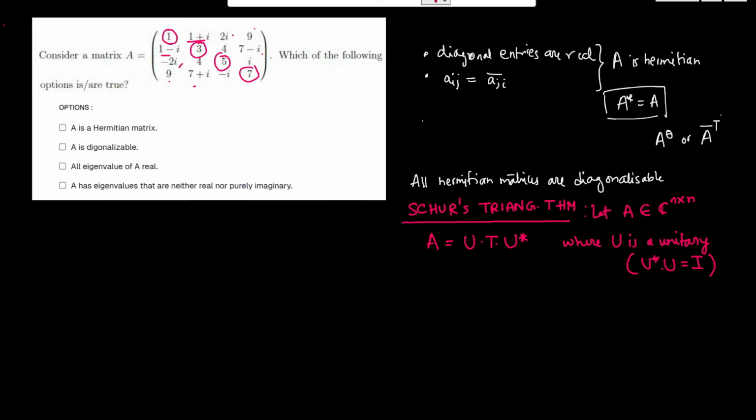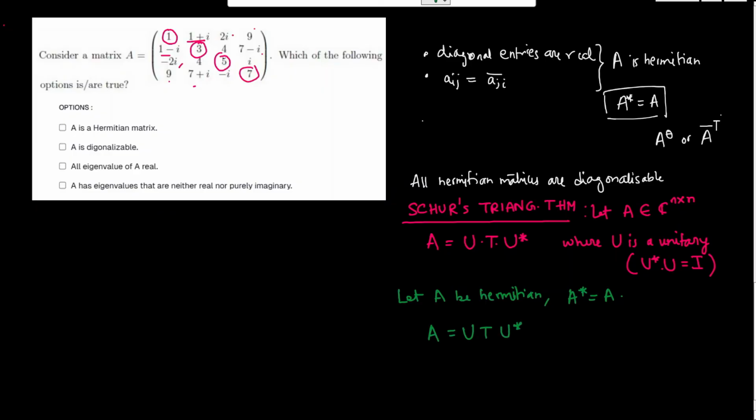Now from this we can see why Hermitian matrices are all diagonalizable. Okay, how do we see that? Let us take a Hermitian matrix A, right? Let A be Hermitian. What does that mean? That means A star is the same as A, right? Now by Schur's triangulation theorem, we can write A to be U times T times U star.